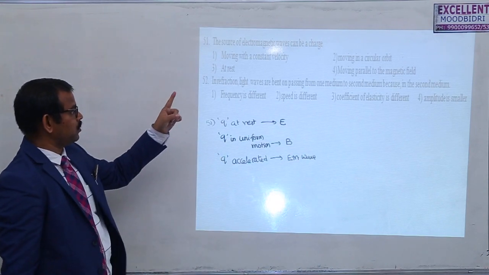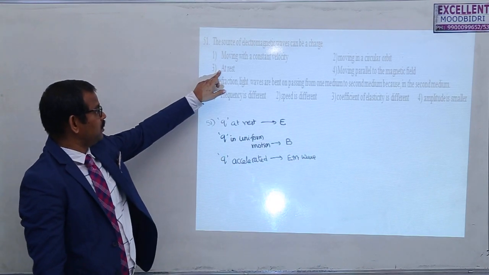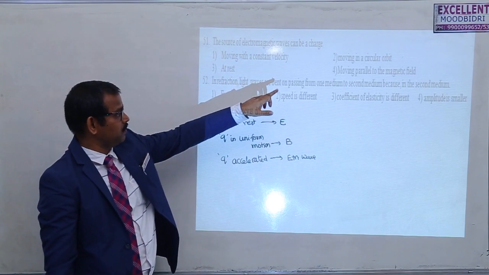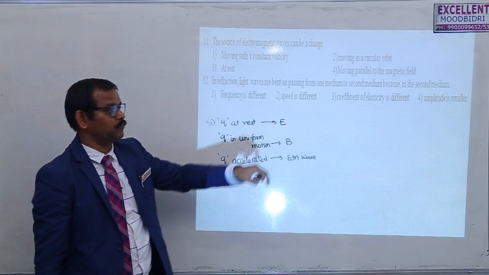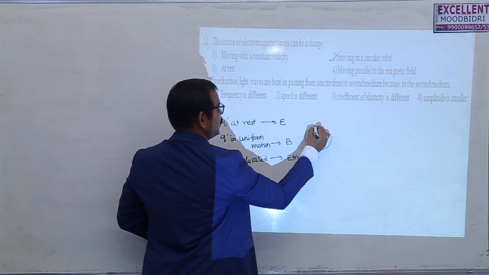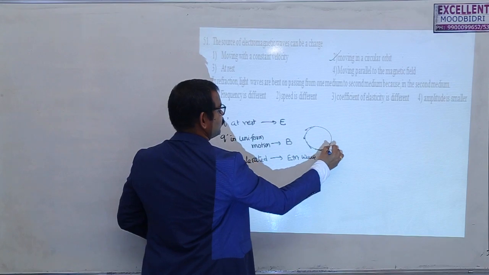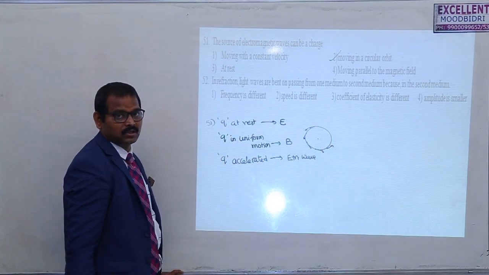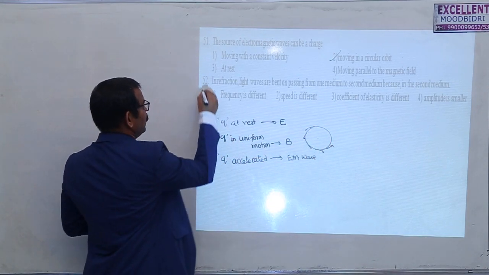So the correct answer is: the charge should not be at rest, it should not move with constant velocity, and it should not move parallel to the magnetic field. It should be moving in a circular path. When it is moving in a circular path, every time the velocity is changing, its direction is changing, so it is an accelerated charge. It produces electromagnetic wave.